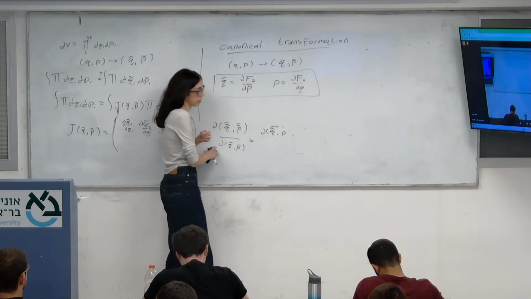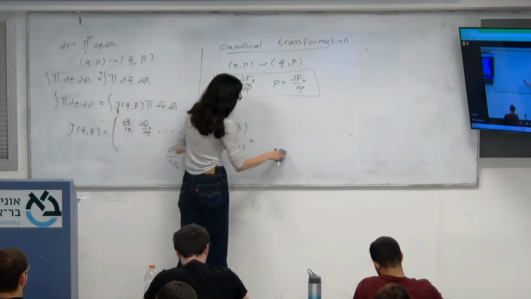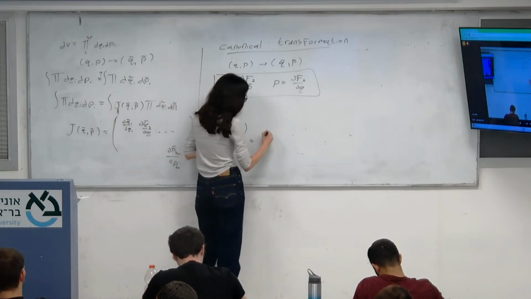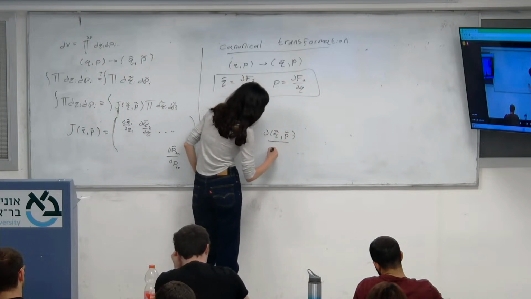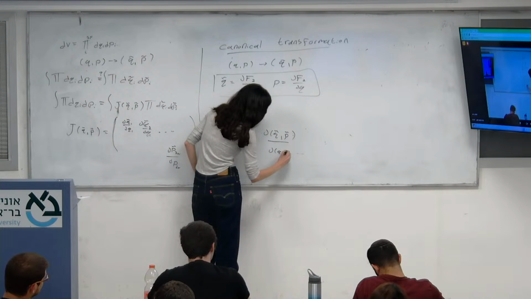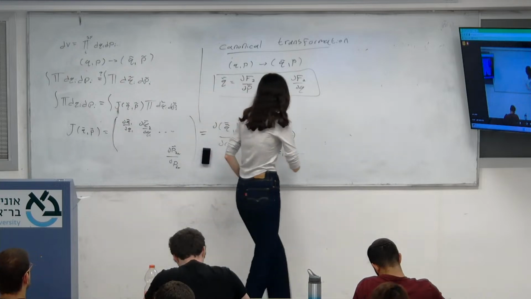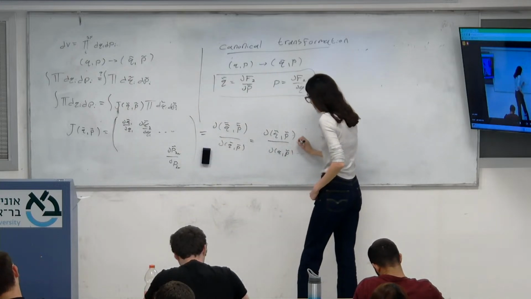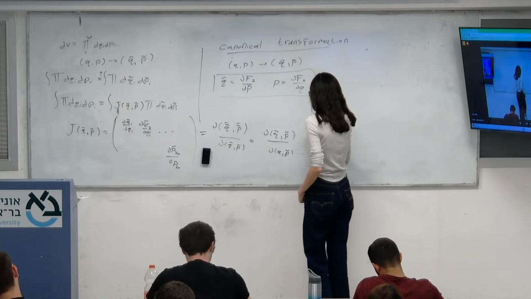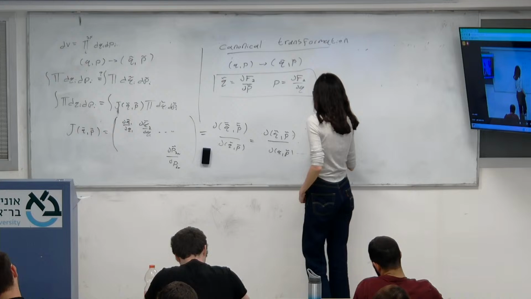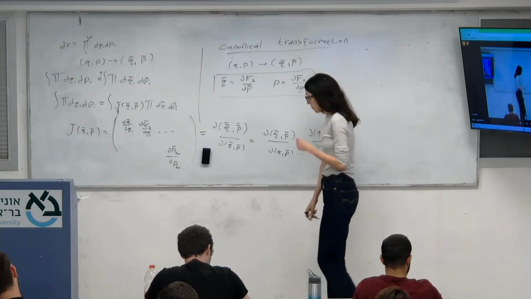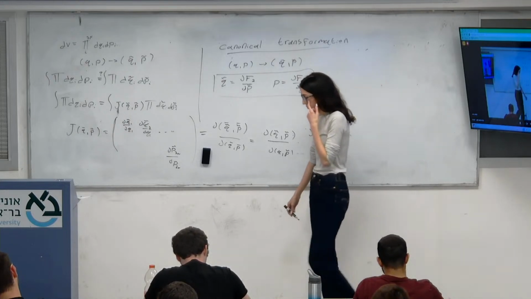I'm going to do it without the vector notation, but this is the vector. So Q tilde and P tilde, Q and P tilde, and then Q and P tilde by Q and P. So I just add an extra step.